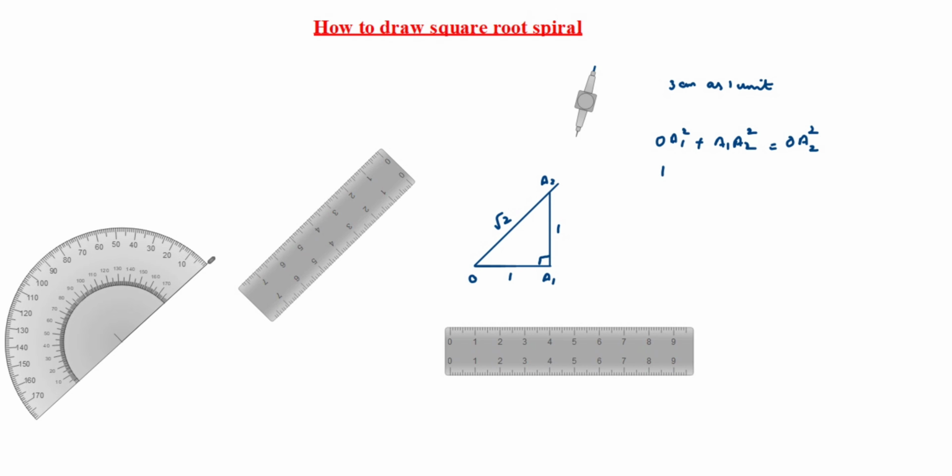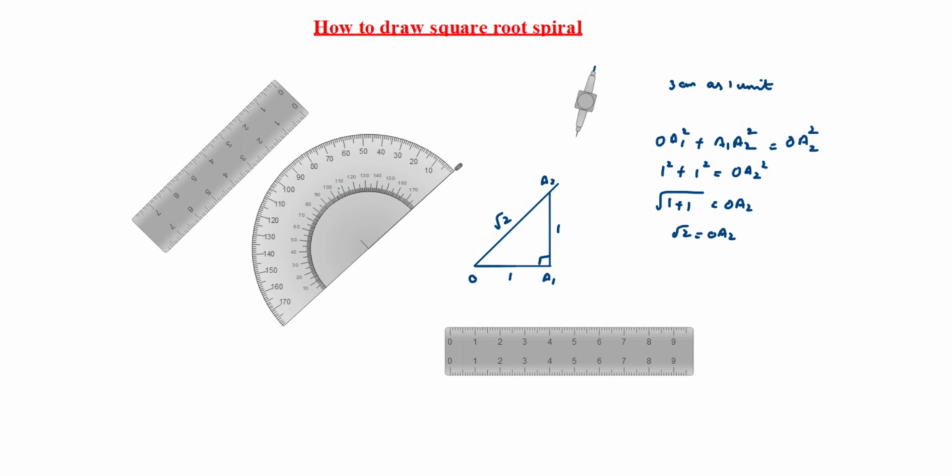OA1 square is 1 square plus A1A2 square is 1 square equal to OA2 square. 1 square is 1, plus 1 square is 1, root equal to OA2. 1 plus 1 is root 2 equal to OA2. Now you see the drawing, OA2 is root 2.